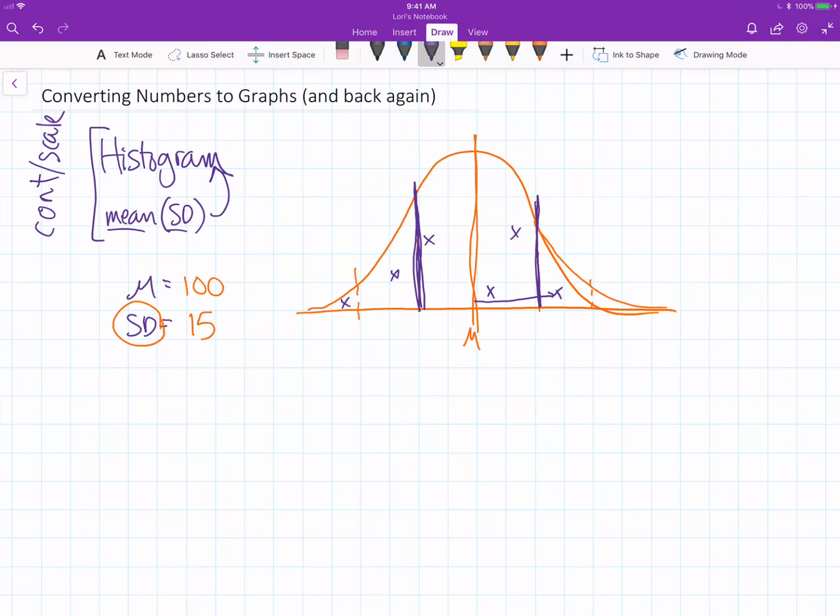Some of them are farther away, and some of them are not as far away as this standard deviation. Some are really far away, and some are pretty close. But on average, they're a certain distance away, and we put the number 1 standard deviation away.